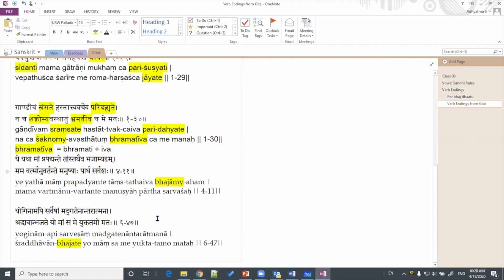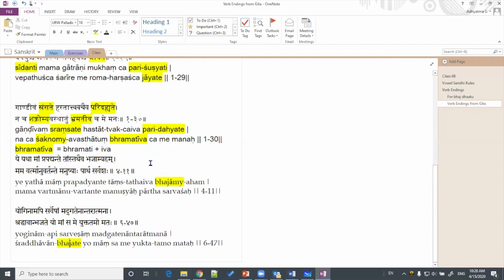In the Gita both are used, but the meaning doesn't change. Bhajāmi means I worship or I serve, and bhajate means he serves or he worships. So whether it's bhajati or bhajate, the meaning remains the same. I just wanted to show you how you can start identifying verb forms in the Gita.